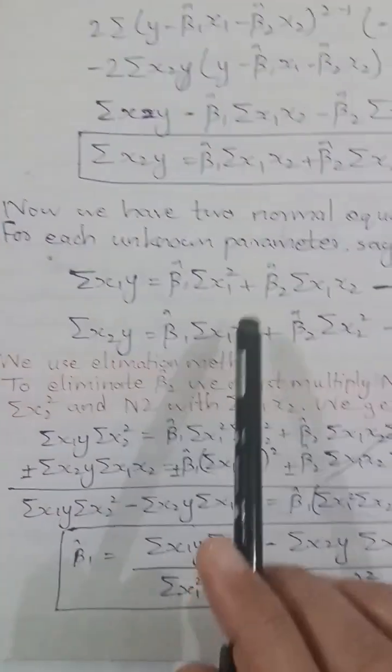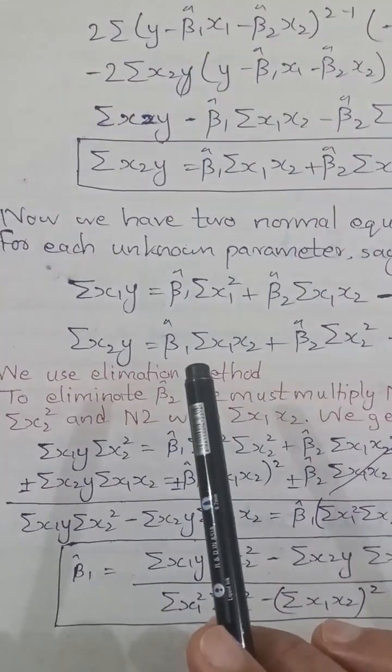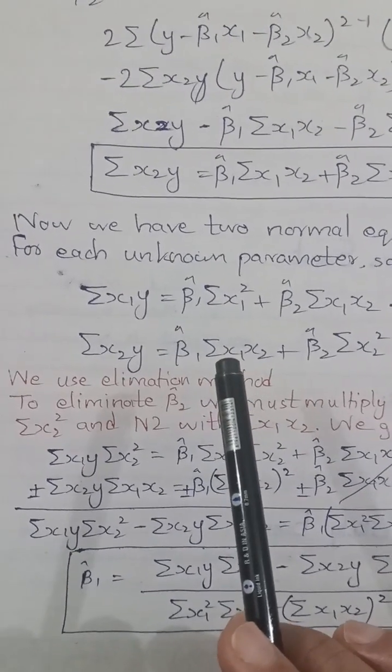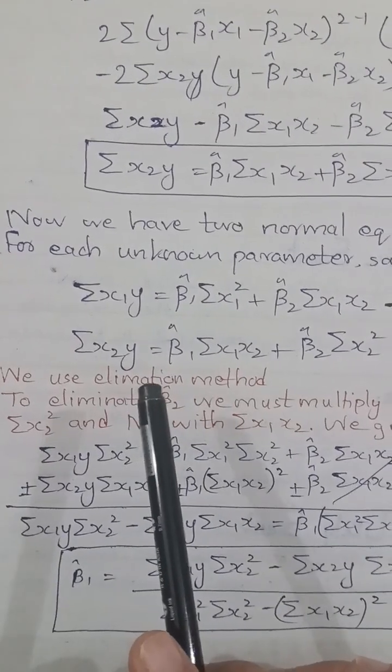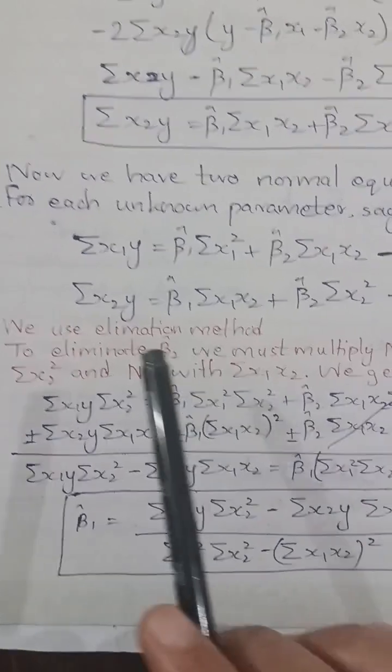We can solve these simultaneous equations either by using the matrix method or by elimination method or by any other method, but I will use the elimination method because it is the simplest and shortest method.